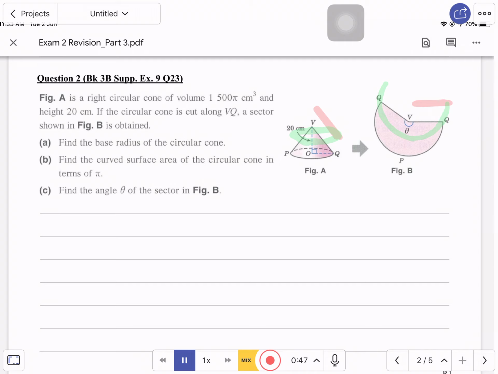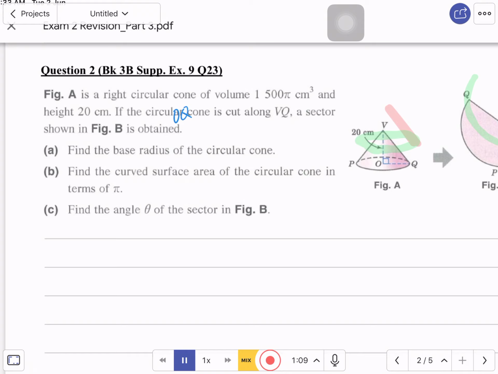Now we want to find the base radius, or you can say actually we want to find OQ. Because in a cone, for the circle base, OQ is the radius, so OQ is the answer that we need.